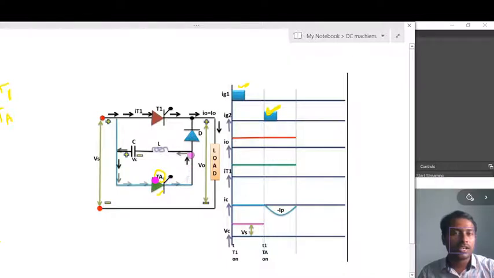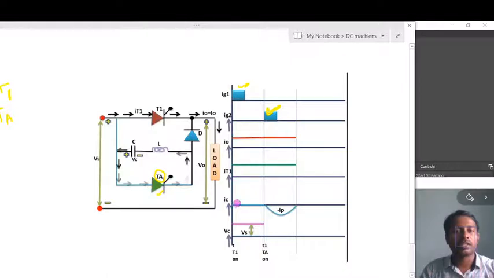Current cannot flow through the diode, because the diode has a cut-in voltage and is connected to the negative terminal of the capacitor. So the current can flow only through the thyristor to the inductor, and the capacitor discharges its energy to the inductor.